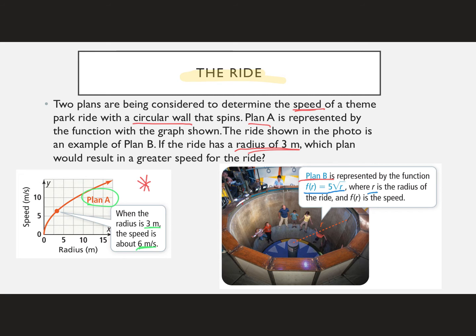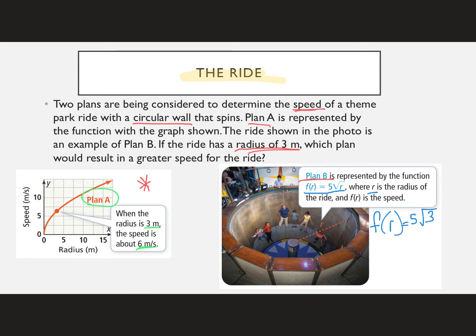So in this case, we know that our radius is 3, so f of r is 5 times the square root of 3. Well, what is the square root of 3? You are really just going to go to Desmos or use any calculator to get an approximation of the square root of 3.